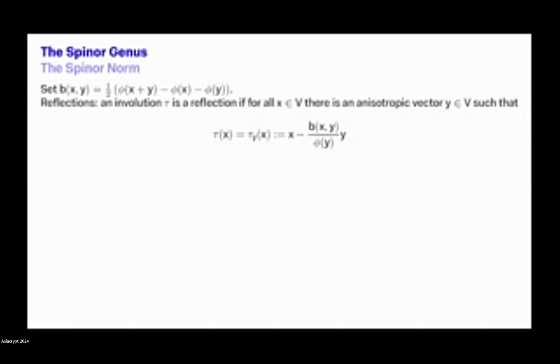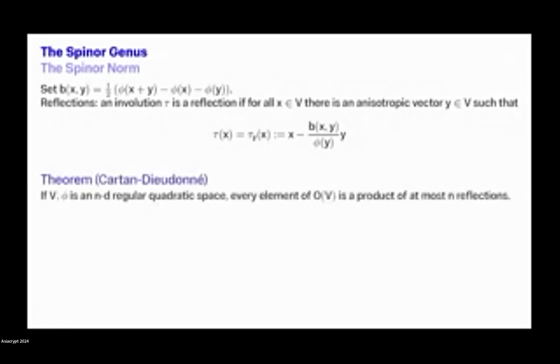And because this reflection is defined entirely by y, we'll subscript the y and refer to these reflections by tau subscript y of x. There's then a theorem by Cartan and Dieudonné which says that if we have an n-dimensional regular quadratic space, V phi, then every element of its orthogonal group is a product of at most n reflections.